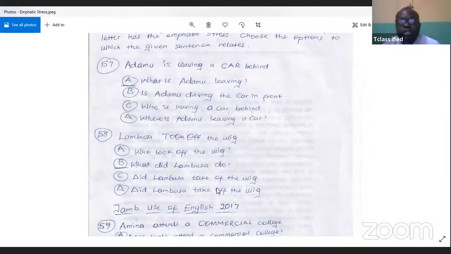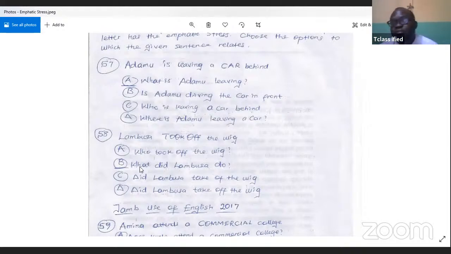Okay. C and D, they are just repeating the same thing. But from what we said, we are going to check the options and check where took off is not represented or where it has been changed. So you can see in option A, we still have took off here. In B, there is nothing like that. In C and D, there are take off. You can see them here.